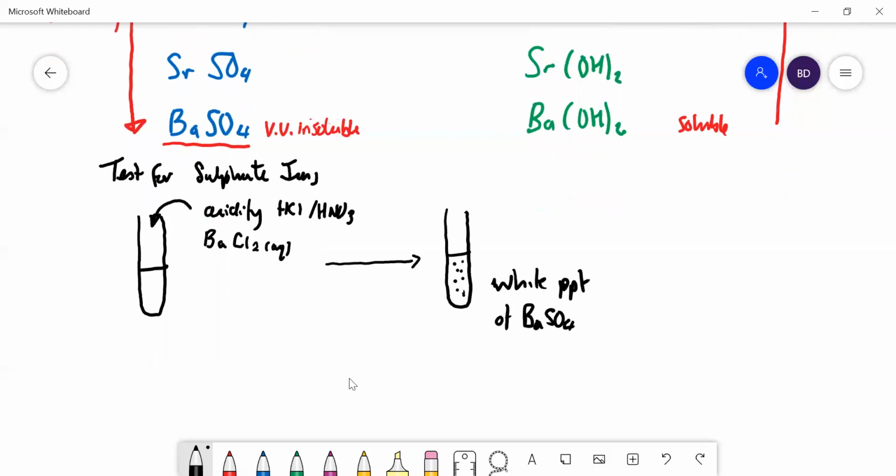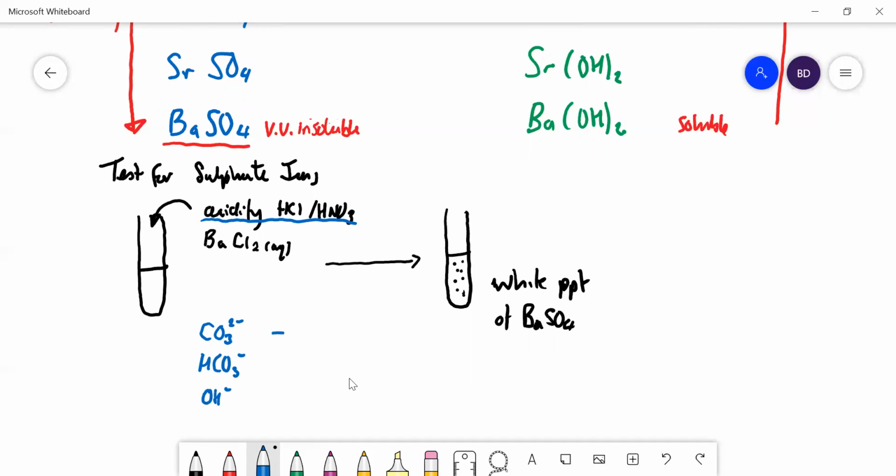Now, just to mention why we need to acidify here. If you've been looking at the halogens, when you're testing for halide ions with silver nitrate, you have to acidify first. The reason is to destroy any carbonate ions, any hydrogen carbonate ions, and any hydroxide ions.